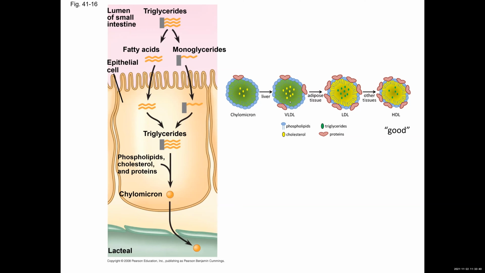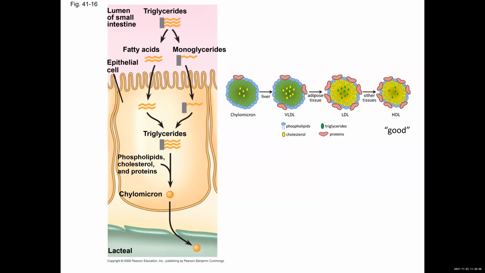Very low density. That means they don't have very much protein associated with them. Those get transported to fatty tissue for storage. They can also get converted into low density lipoproteins, or if they're transported to other tissues, they can get transformed into high density lipoproteins.